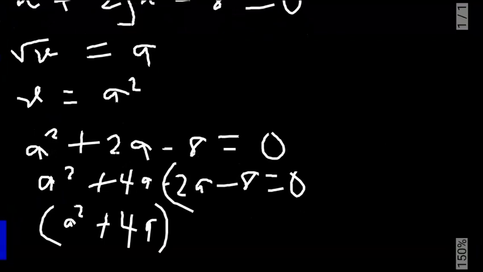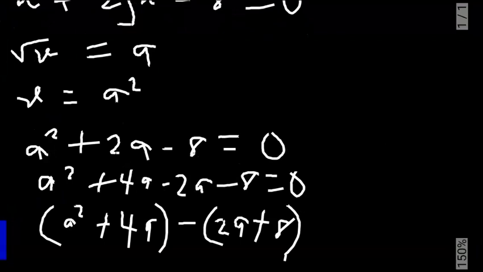Don't just cover the brackets like this. This becomes a product. There is a subtraction sign between them, so we factorize that out. We have a squared plus 4a, minus 2a plus 8. Since we are factorizing the negative out, this changes to positive, equals 0.